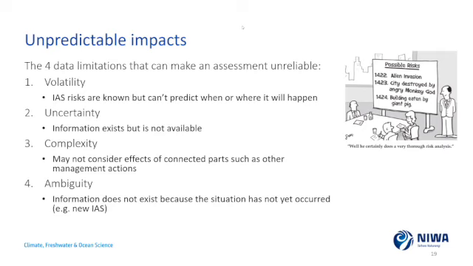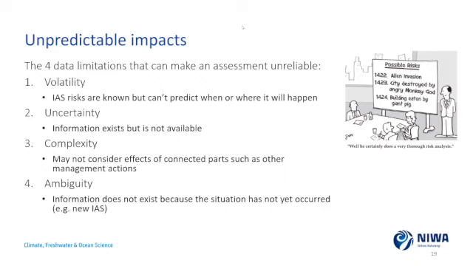The second type is uncertainty, and that's where information exists, but it's not available to decision makers. So maybe you don't know how many boats are going through a particular area, or maybe you don't know what kind of economic activity is relying on that marine resource.